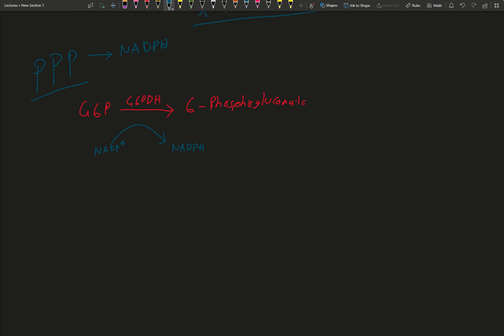So NADPH works with this other enzyme called glutathione reductase.